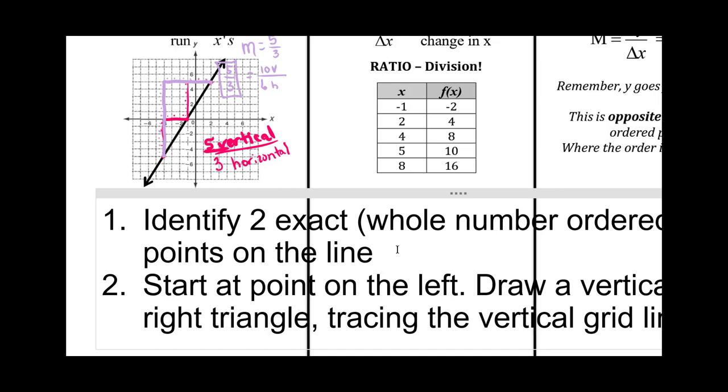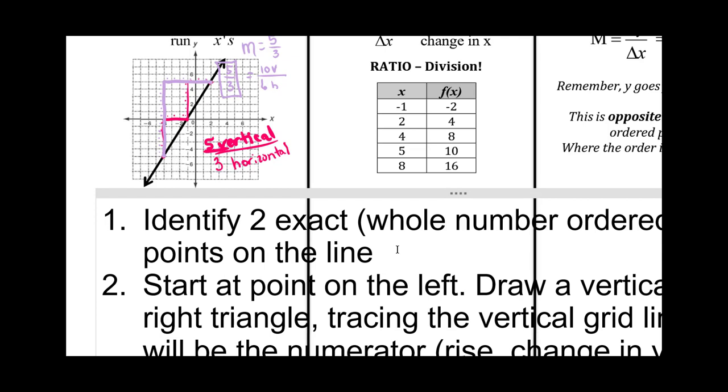This will be the numerator, or the rise, or the y, the change in y, in the slope ratio.